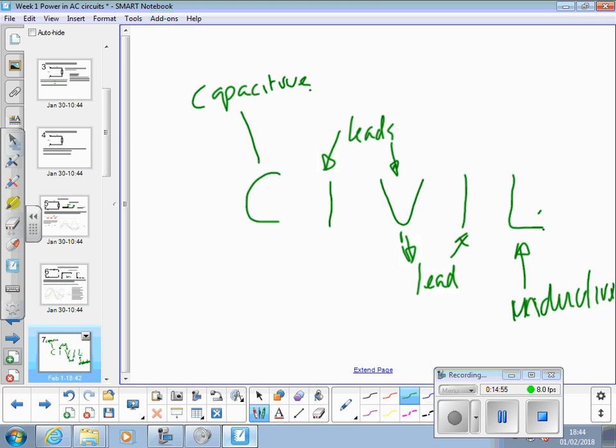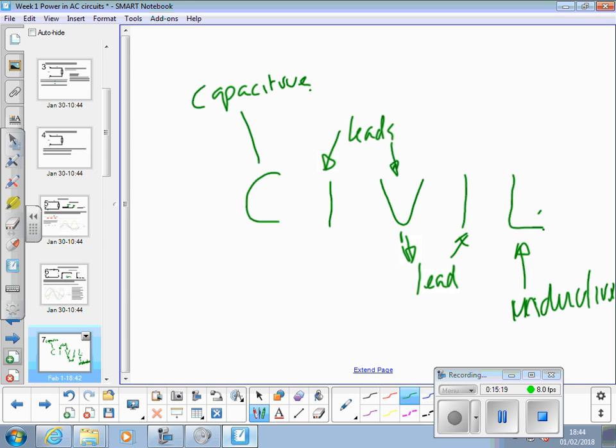Because we could equally say current lags voltage over here, or voltage lags current over this side. Yeah? There's a way to check that you've got all the signs right in your calculations. Because if you know that's an inductive circuit, but you get a current that leads the voltage, you've gone wrong somewhere, you missed a negative sign out somewhere.